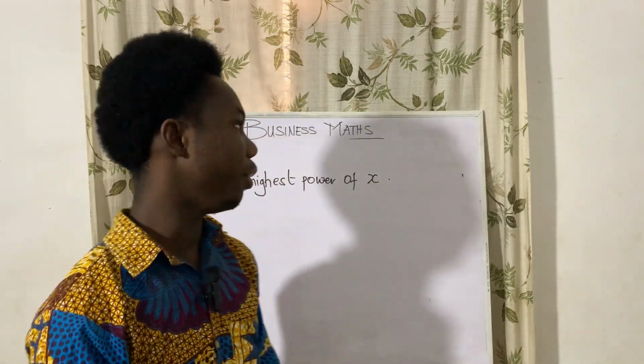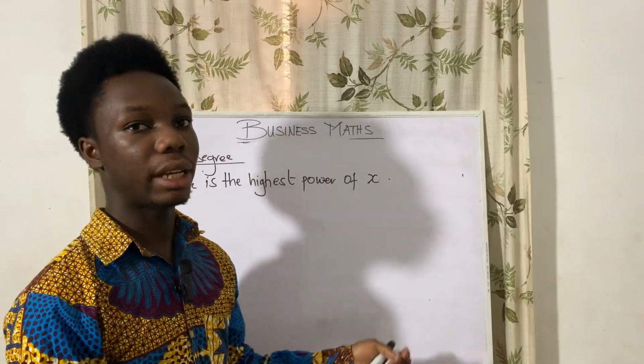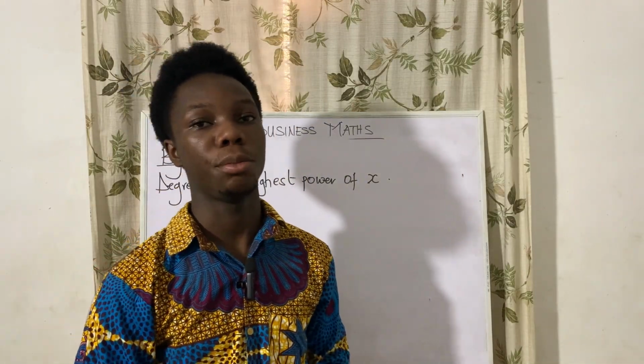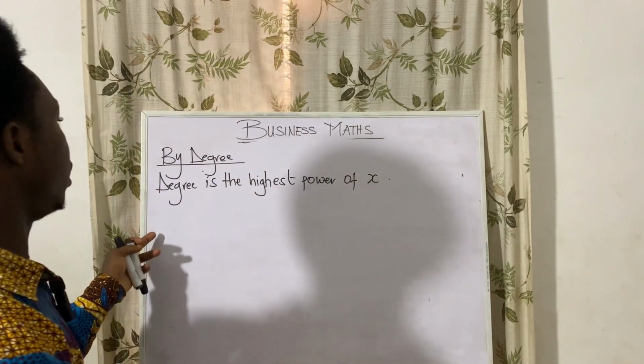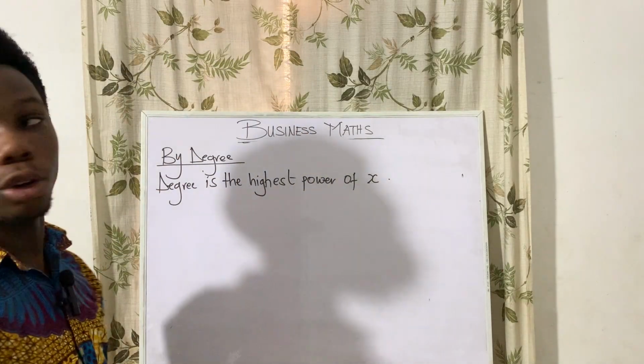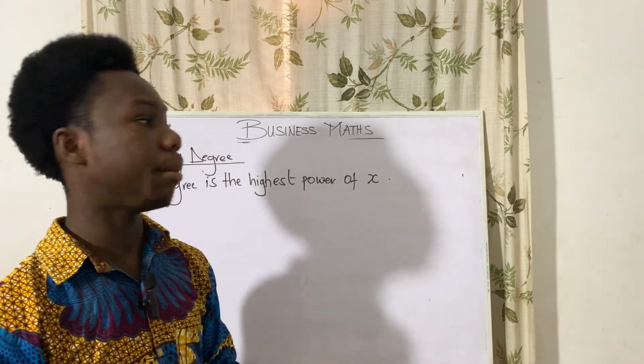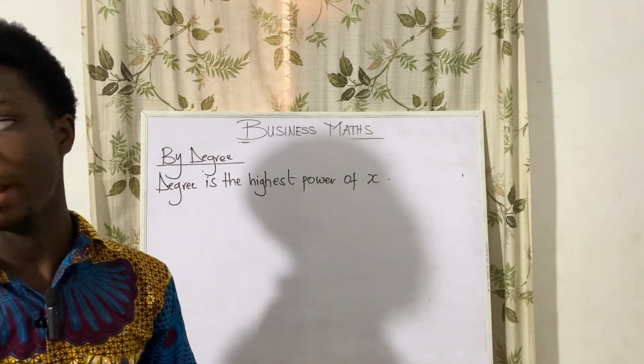Now let's look at the degree. We looked at the types of polynomials by number of terms: one term is a monomial, two terms a binomial, three terms a trinomial. Now let's look at polynomials by degree. Degree is the highest power of x.